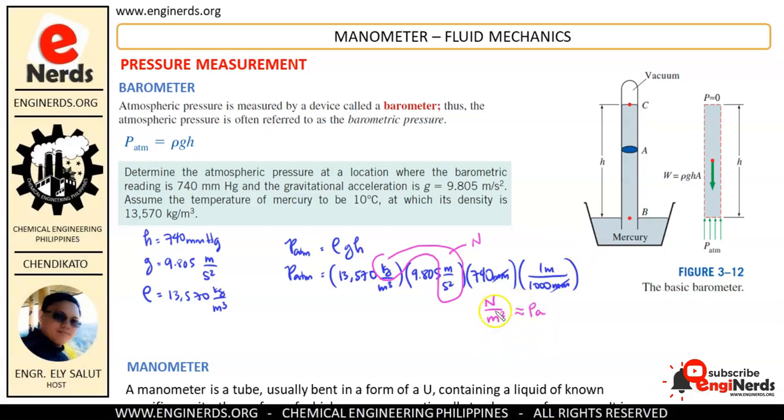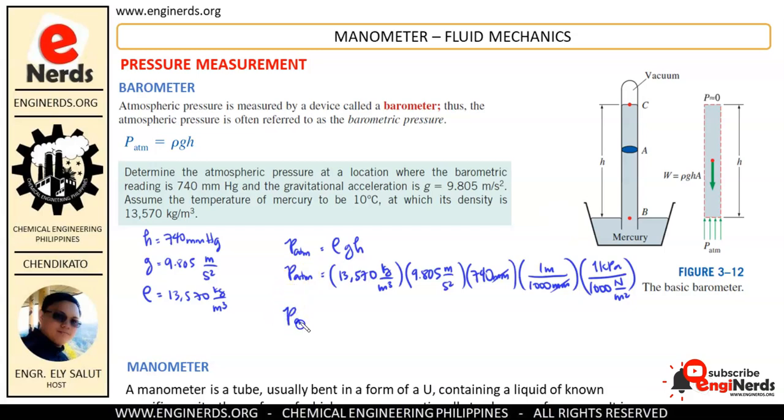So, we can actually convert this into kilopascal by dividing this by 1000. So, let us do that. We have here 1000 Newton per meter squared is equal to 1 kilopascal. So, therefore, our unit here will be kilopascal.